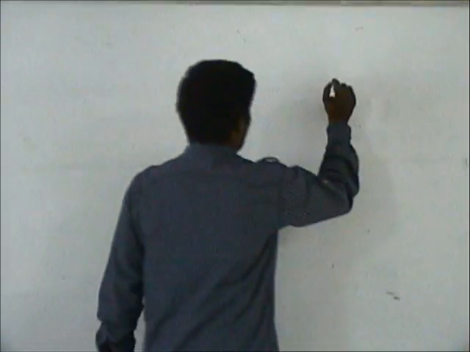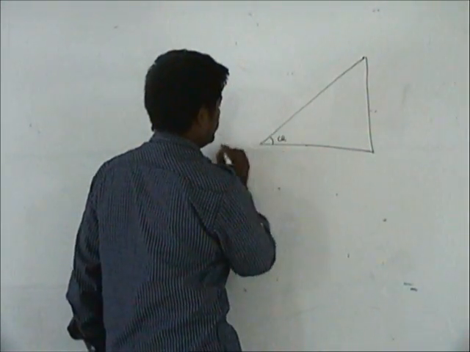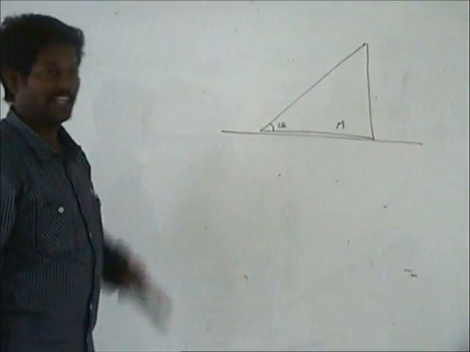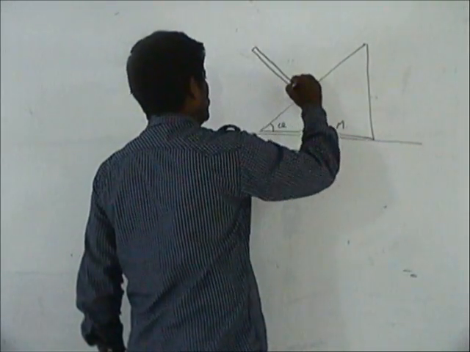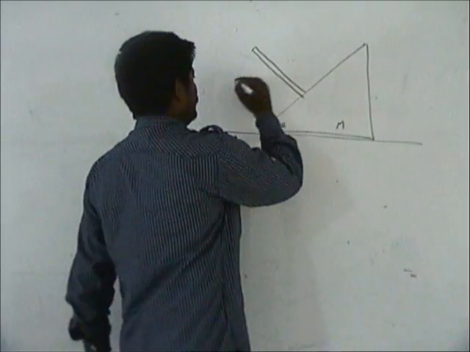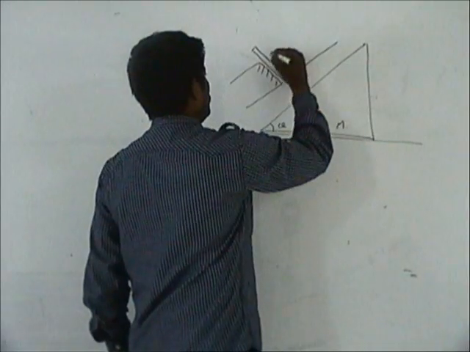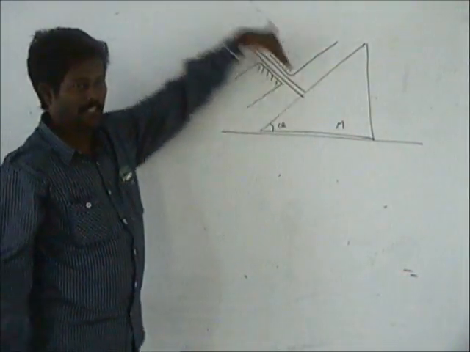Now some more problems of the same type I would like to discuss. Sometimes we will be given a wedge of mass capital M. All are frictionless contacts, and you have a rod resting on it, and we have a wall here such that the rod is constrained to move in this direction only.